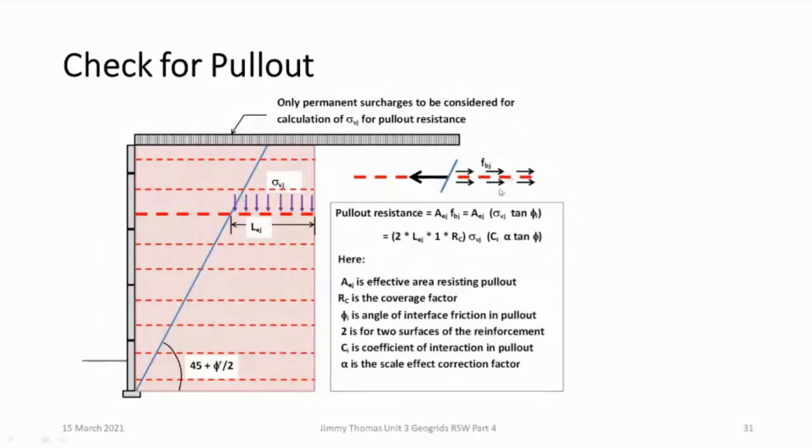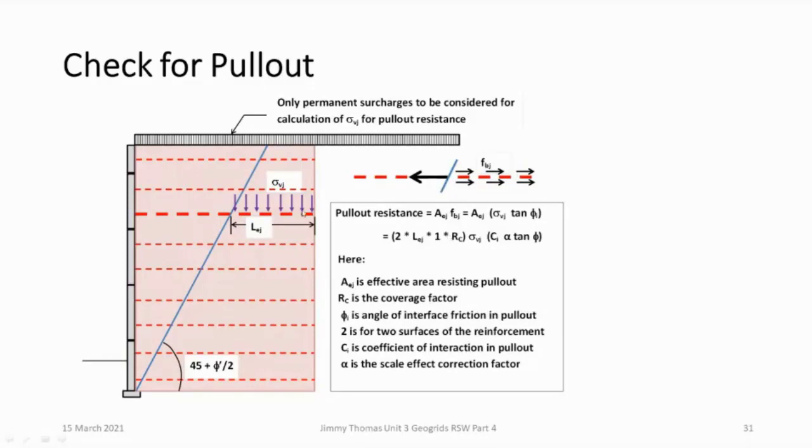Pullout resistance will be area into the bond stress, whatever shear stress. The area will be 2 into the anchorage length into 1, since we have top side and bottom side, and we are considering 1 meter length.